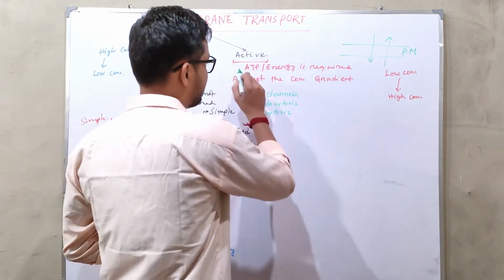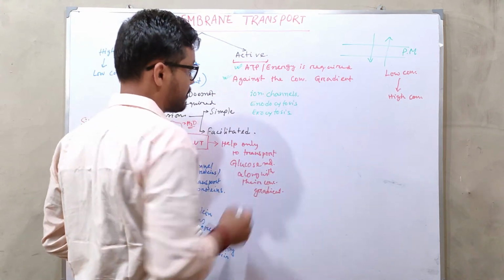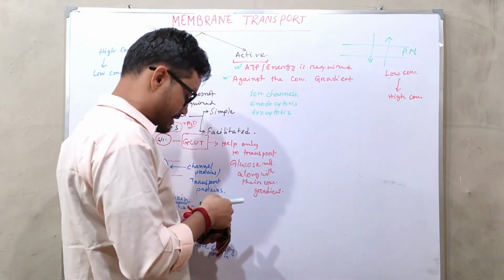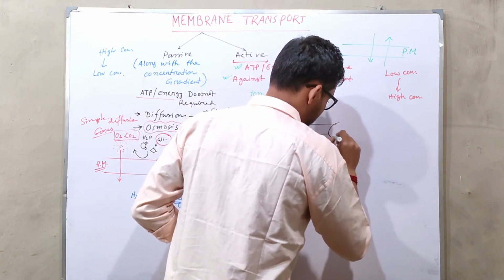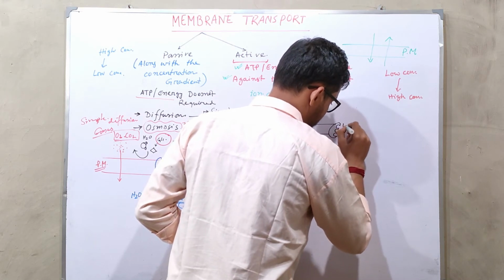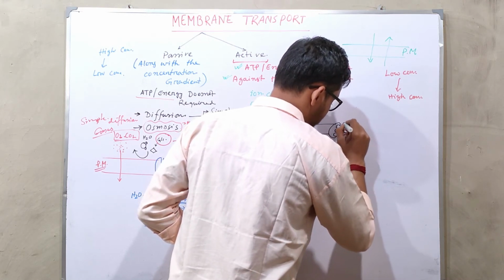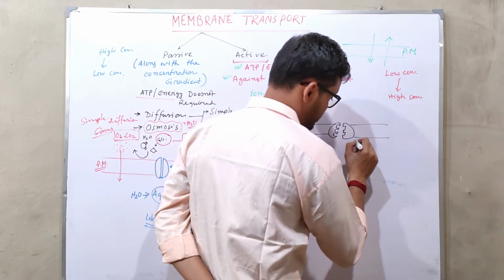Active transport needs ATP or energy, and it is against the concentration gradient. In the plasma membrane we observe specialized structures known as sodium potassium ATPase transporters.